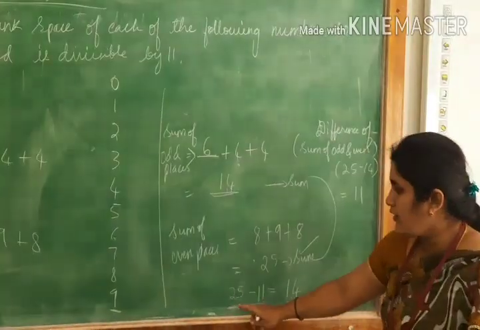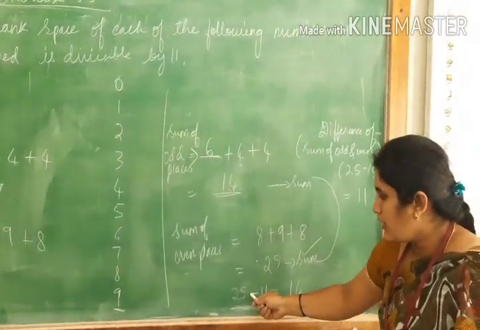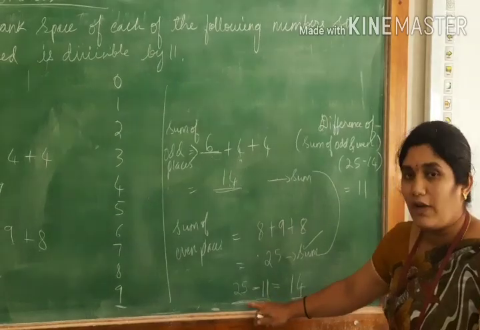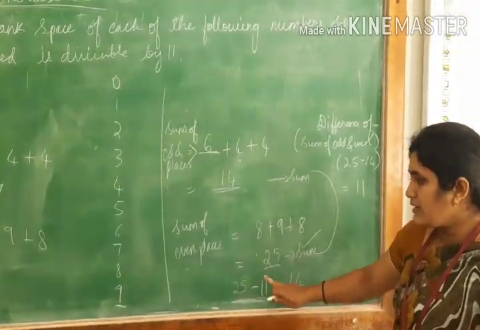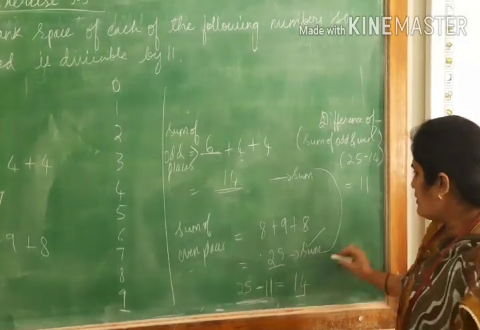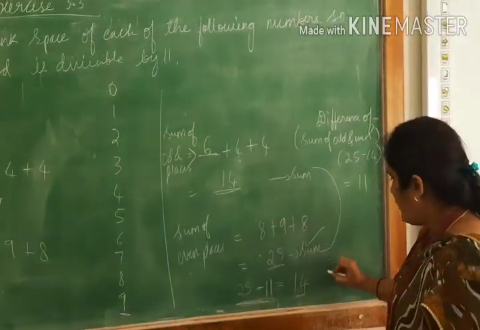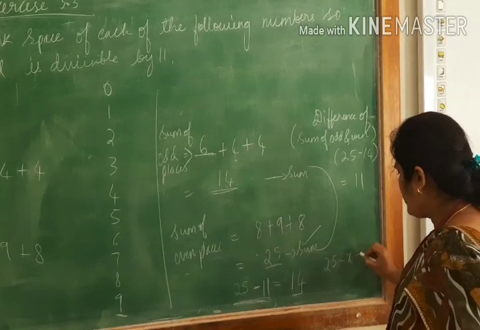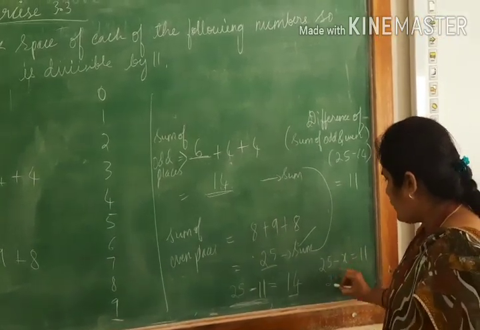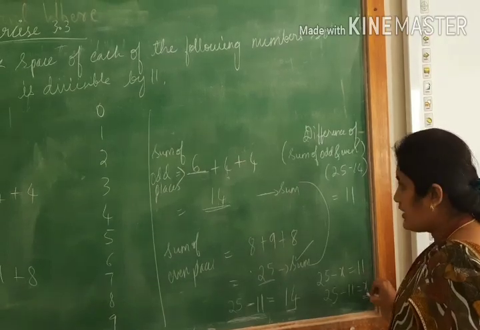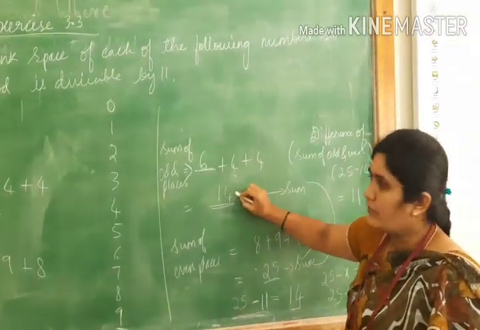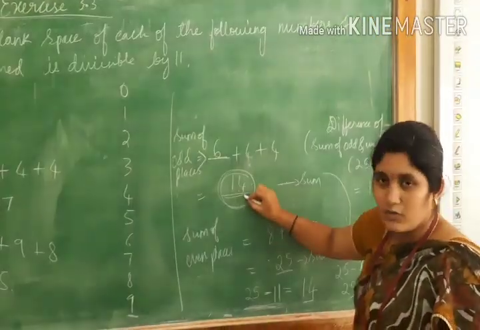So we can take any number; the given is 11, so 25 minus 11. This is the sum of even places. Minus 11, why? Because here we have 25 minus x should be 11, that is, 25 minus 11 gives you x. What is x here? x is the sum of this unknown number, the unknown sum.